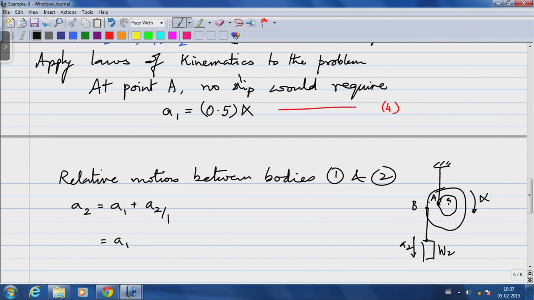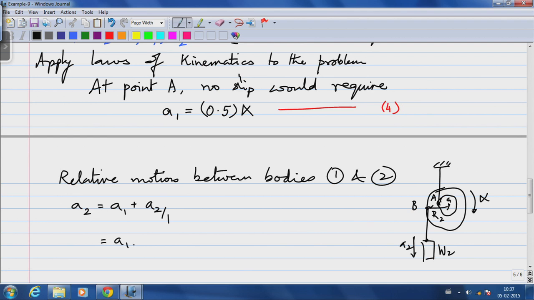So, if this spool turns an angle theta, that also means that on the point B the cable winds onto the spool at distance r2 times theta.